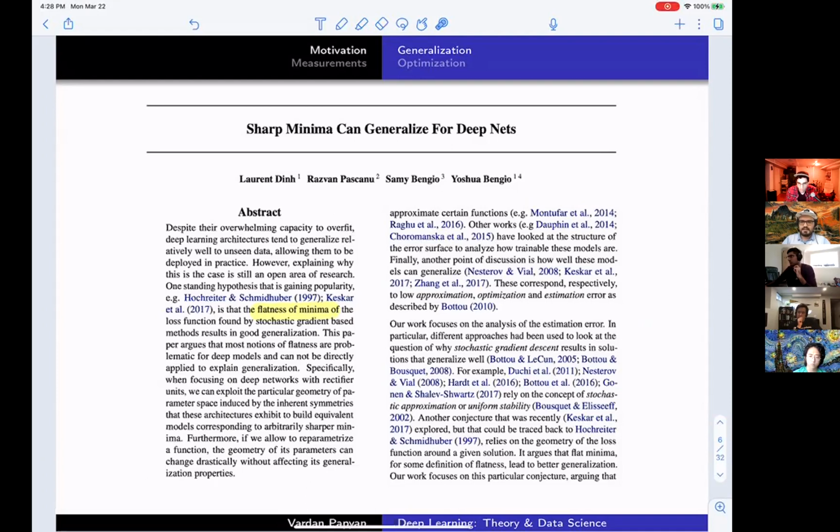So I think that several follow-up works just tried to define better notions of flatness. Some notions of flatness you can imagine: the easiest notion of flatness would be the maximal eigenvalue of the Hessian. That would be one idea, but maybe that's a bad notion. Maybe you should look at the median eigenvalue. I don't know, just throwing something out. Maybe you should look at the ratio of the maximal to the minimal. Maybe you should look at the trace. Maybe you should look at the determinant.